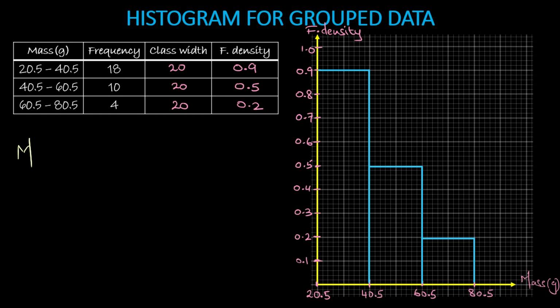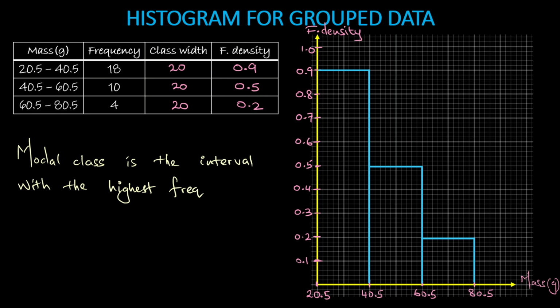So let us write it down. The modal class is the interval with the highest frequency density.